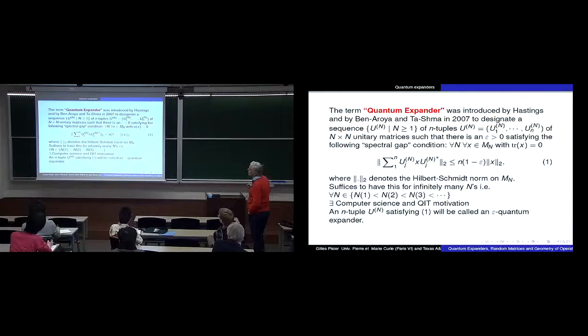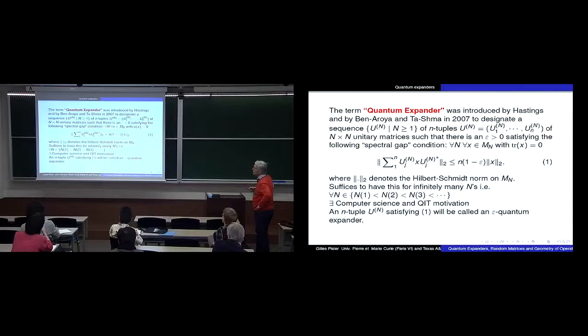What matters is we have a sequence of unitary matrices of size capital N times capital N. And we assume that we have a spectral gap condition, which is written here. That is, you have this inequality restricted to matrices X of trace 0. You obtain an inequality which is better than the triangle inequality.